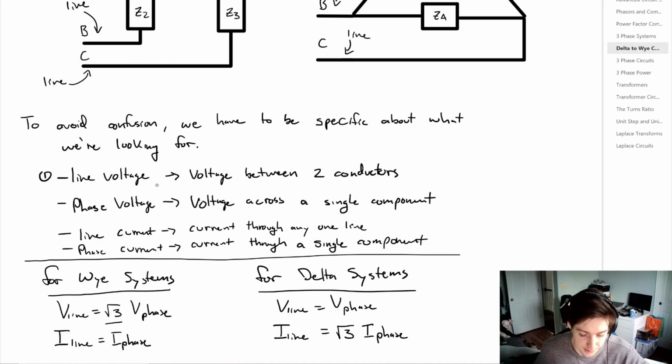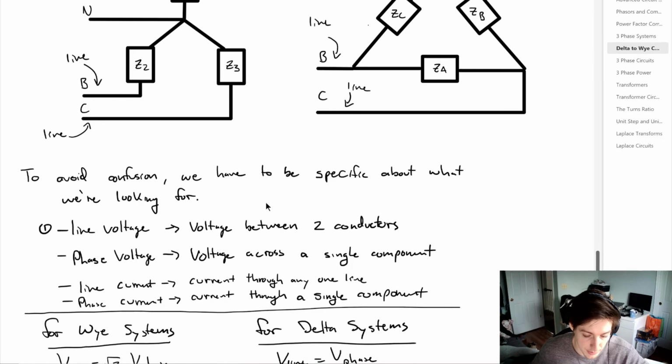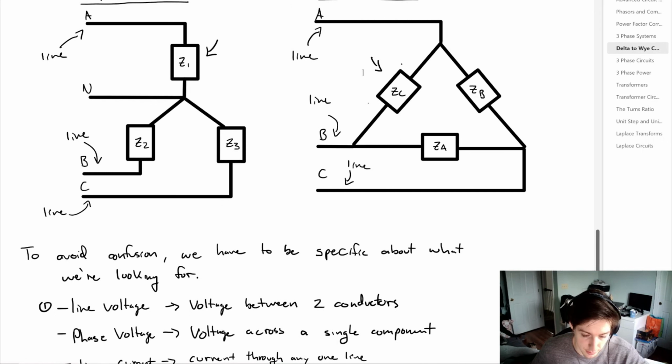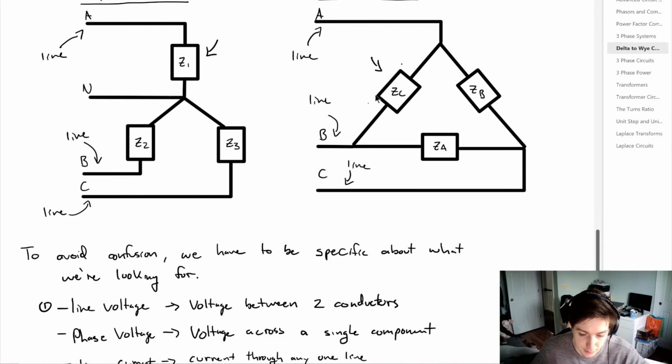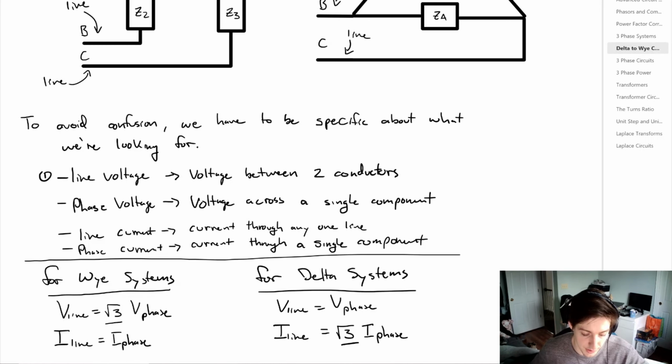Then for the delta system, we had the square root of 3 for the line and the phase current. Now you'll notice for the delta system, the line voltage and the phase voltage are going to be the same thing, because VAB would be the two conductors and VAB would be the voltage for ZC. And for the Y system, you get that the line current is equal to the phase current.